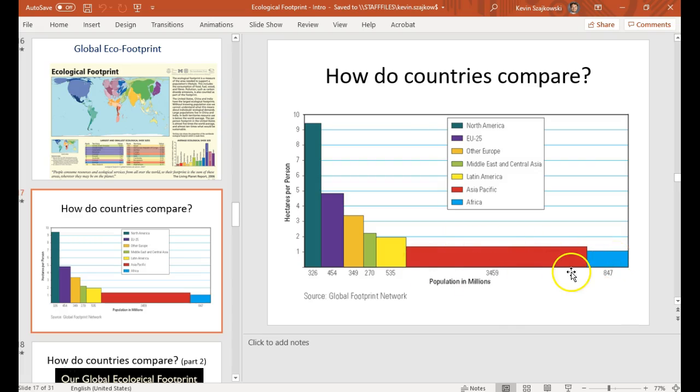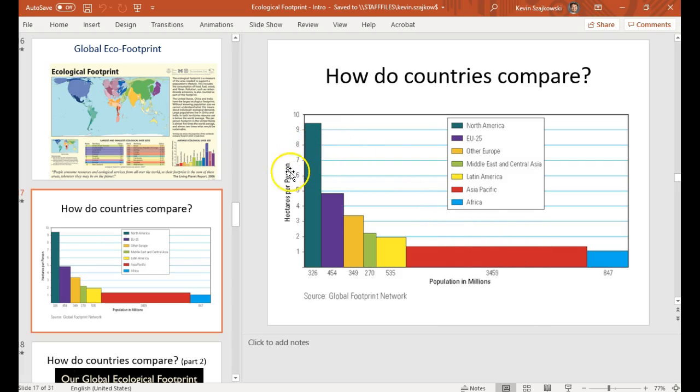These places would like to live better. They would like to have a lifestyle that approaches how North Americans and Europeans live. And yet, if they were to consume as many resources as we do, the total amount of area that would suddenly be covered by these bar graphs would be humongous. And the amount of resources that we would be consuming in that way would quickly overwhelm the world at an even faster rate.